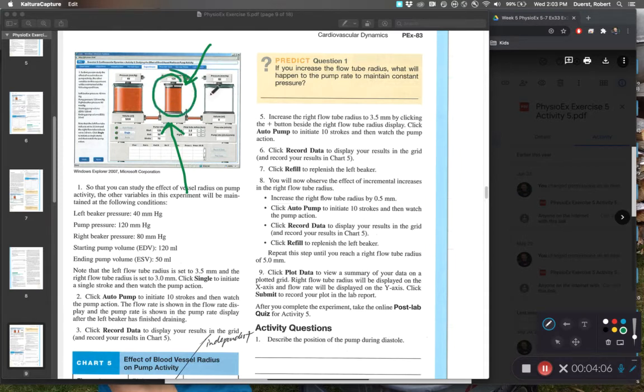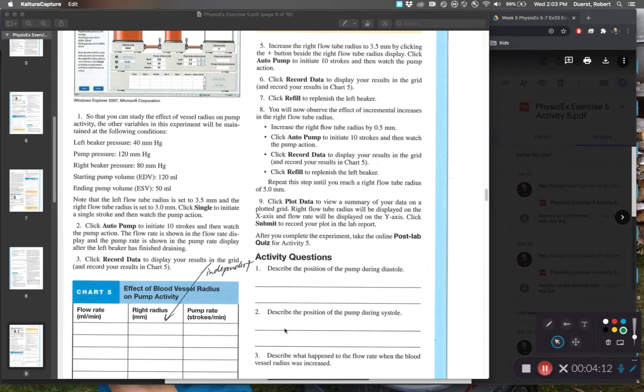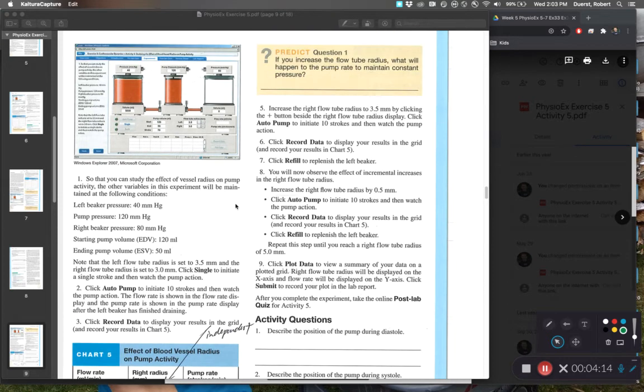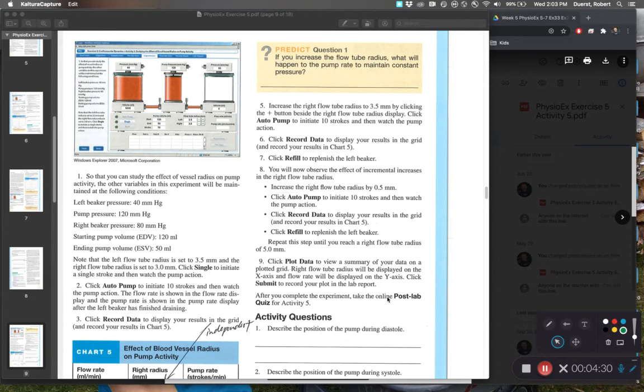The cylinder is filled with blood. Question number 2, describe the position of the pump during systole. In this scenario, the pump would be depressed all the way down during systole of the left ventricle. We would have just finished contracting our heart, or contracting our pump.